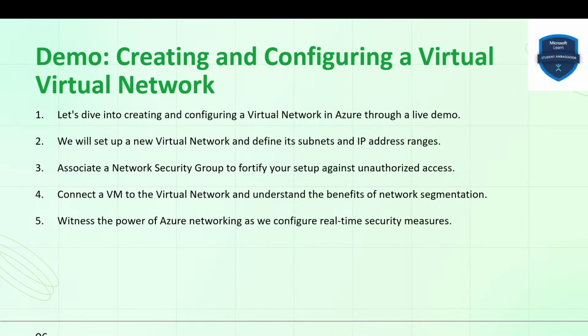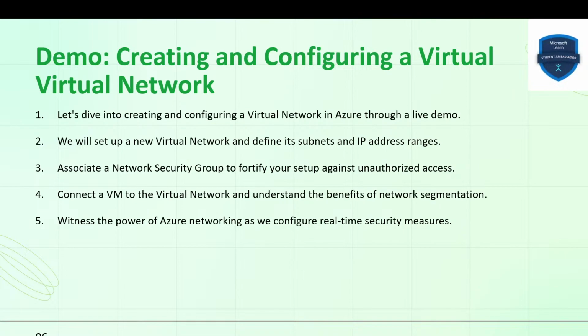Step 4. Configure IP addresses. Under the IP addresses tab, you'll configure the address space and subnets. For address space, define the IP address range for your VNet using CIDR notation. For subnets, click on Add Subnet to create subnets within your VNet.